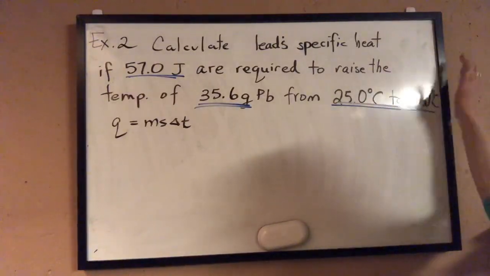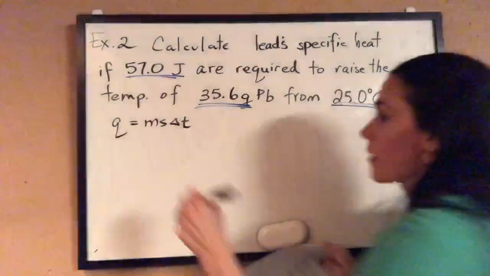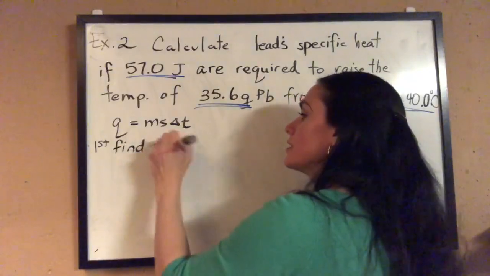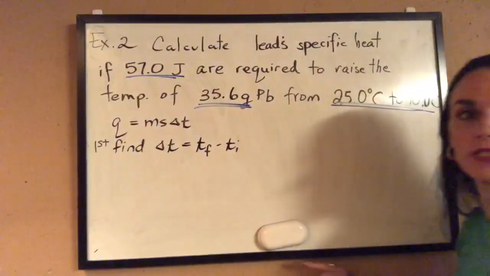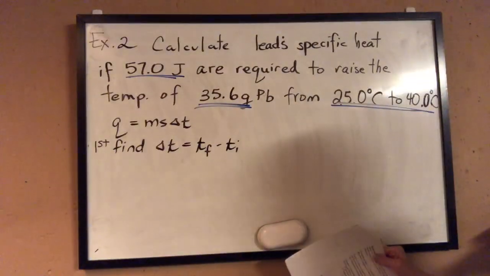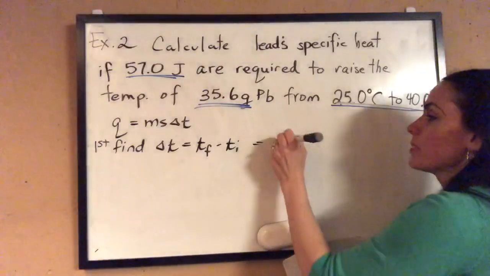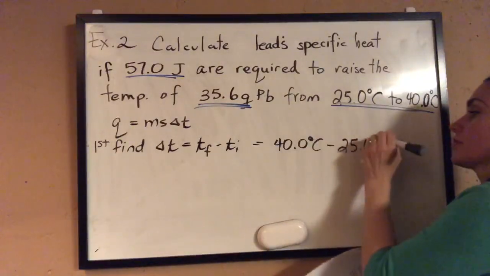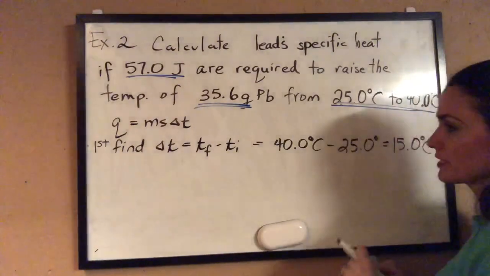First we want to find the change in temperature. So T final minus T initial. We end up at 40 degrees Celsius. This is a temperature increase. Started at 25. 15 degrees is the difference.